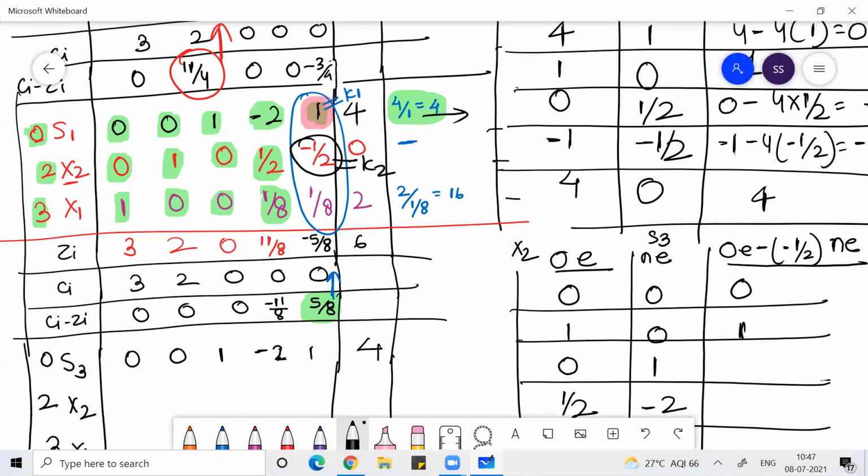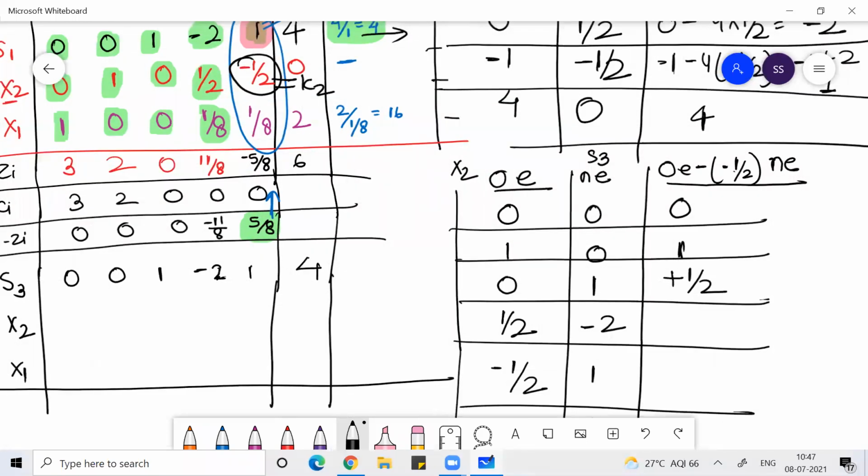This would be 1 only. This would be 1 by 2, minus minus plus, and new element is 1 only. That would be 1 by 2. Then this would be 1 by 2, then minus 1 by 2 into minus 2. Ultimately, you'll get 1 by 2 minus 1 by 2 into 2, 1. You'll get minus 1 by 2.